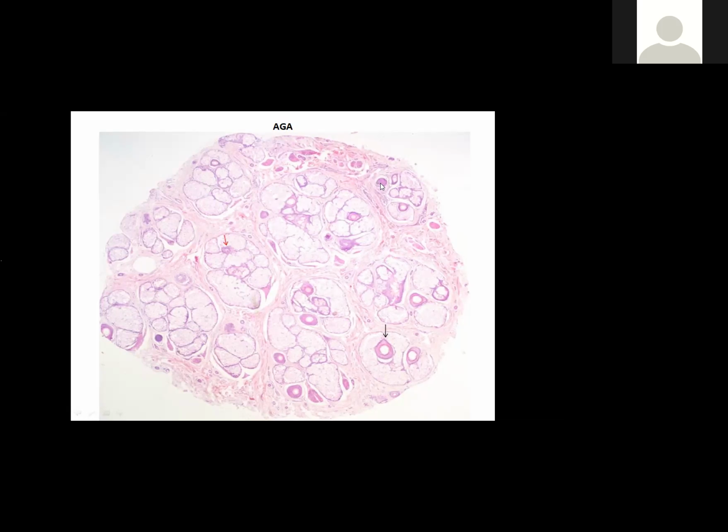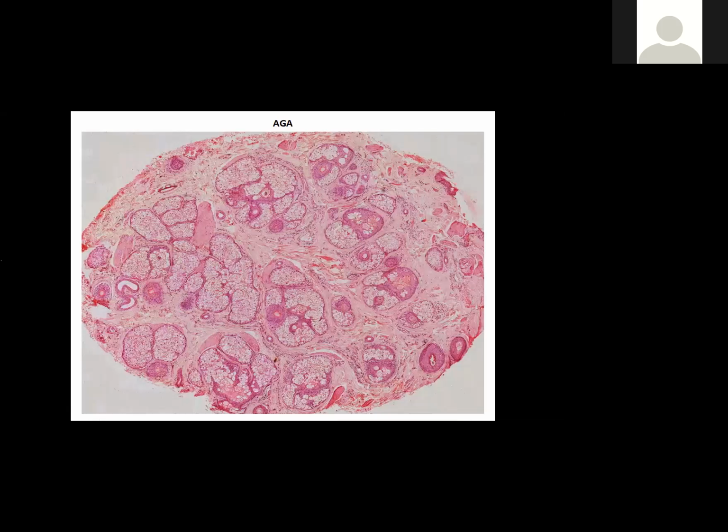And again, these non-anagen hair are highly miniaturized. This is another example of androgenetic alopecia, which again shows a large number of these miniaturized non-anagen hair, besides the other hair follicles also being small in size, resulting in the relative increase in size of the sebaceous glands.